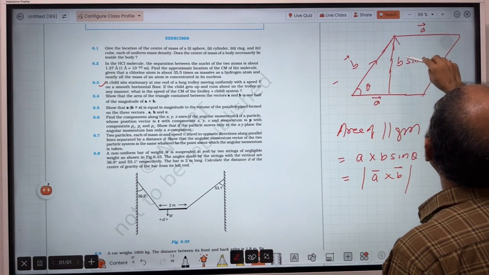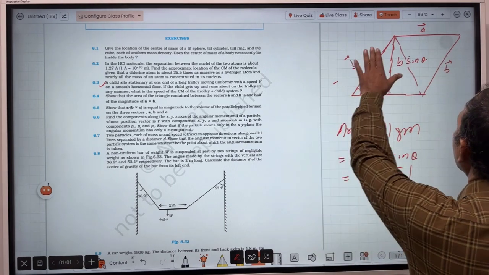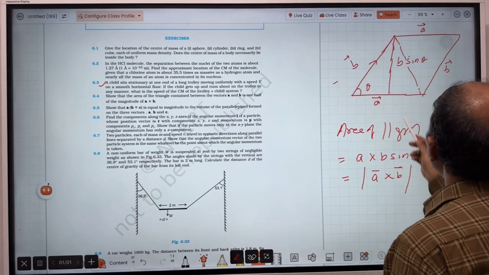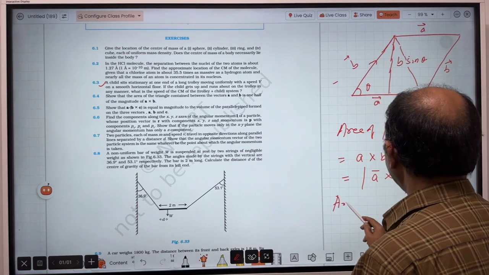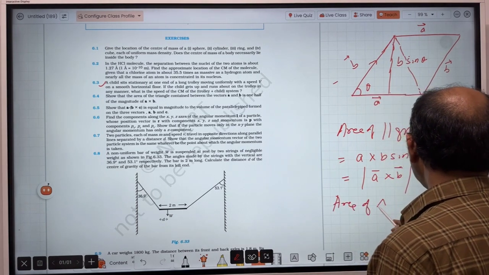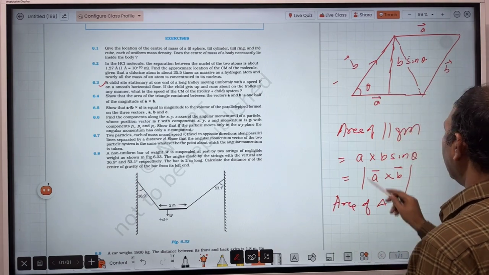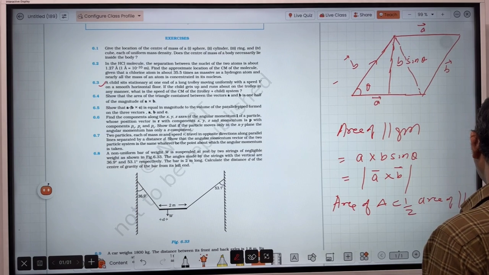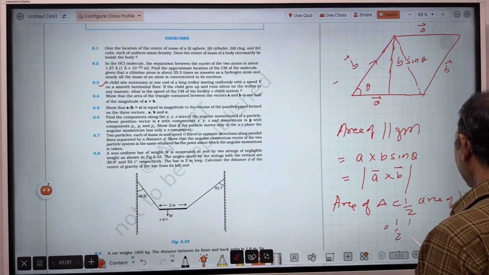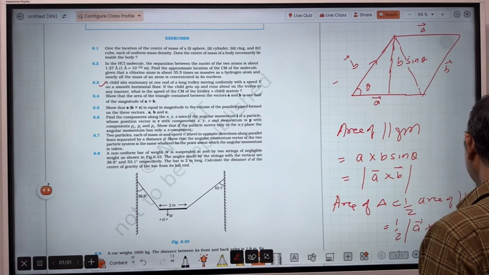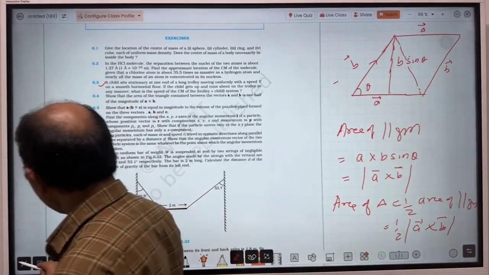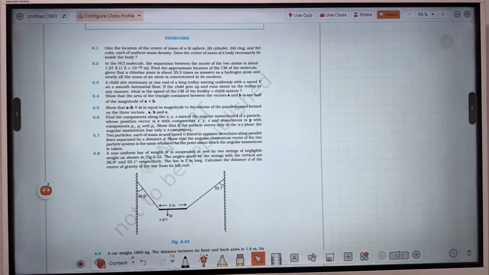So if you divide it into two parts, you will get the first desired triangle that you want to find out. So area of triangle is half of area of parallelogram. So you can say it will be 1/2 of A cross B. So I think you have understood. Now, going to the next question.